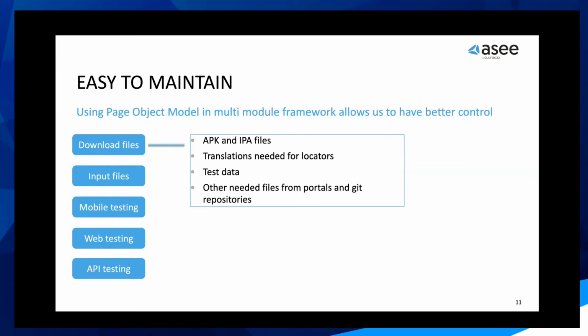Every time we run our framework, it's going to first download the CSV file. It's going to turn those into public static strings, and it's going to update all locators in the framework. So we are not going to get wrong translations. It's always going to click on a button.